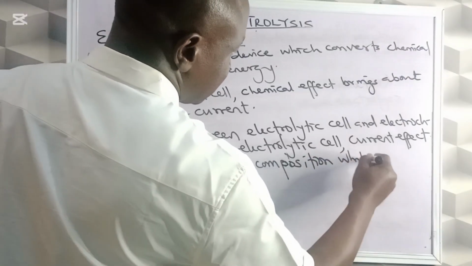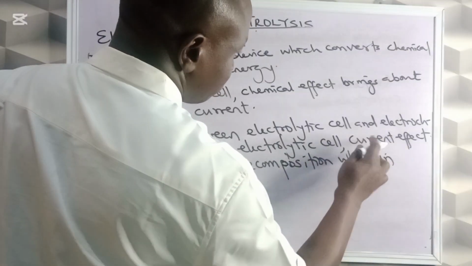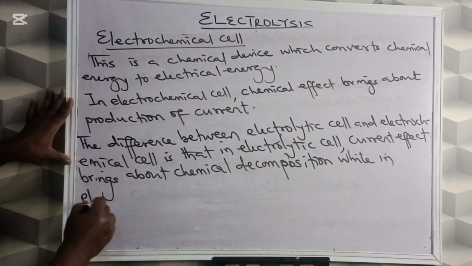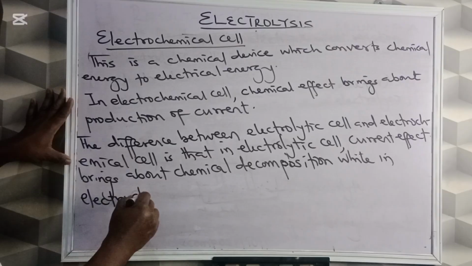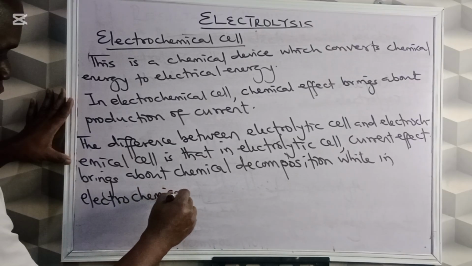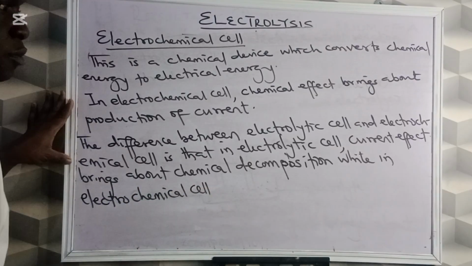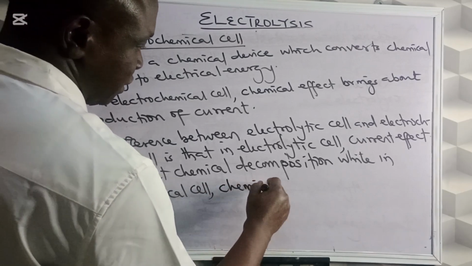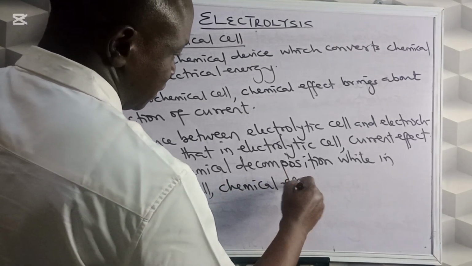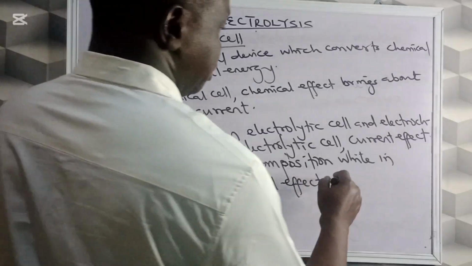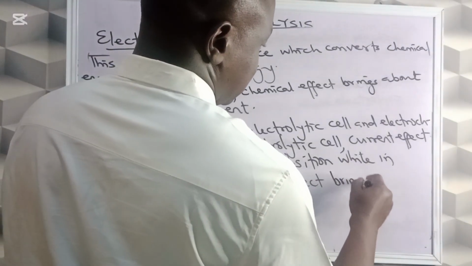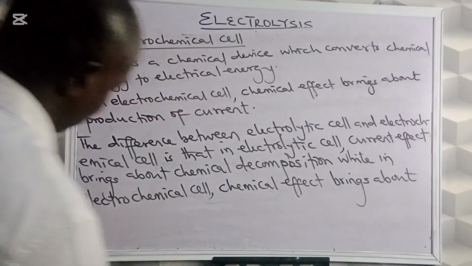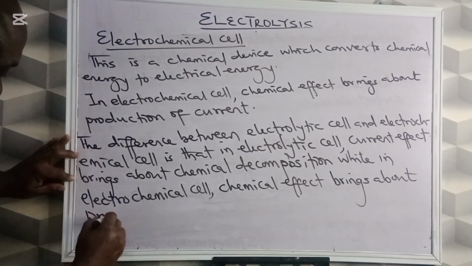While in an electrochemical cell, chemical effects bring about production of currents.